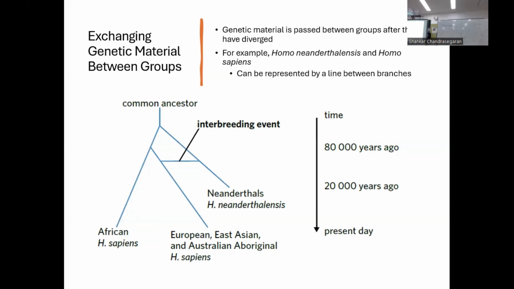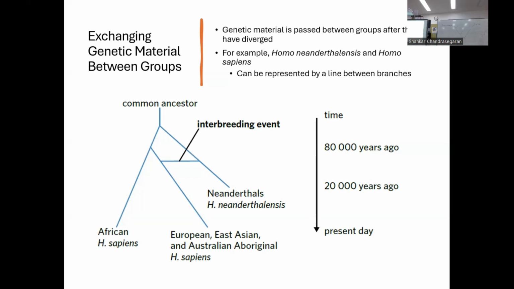But what happened is, basically, this is the migration event that happened, right? Where a certain population of Homo sapiens moved into Europe and a certain population stayed in Africa. And what happened here is that the population that moved to Europe were overlapping with Homo neanderthals in the same habitat, in the same area.